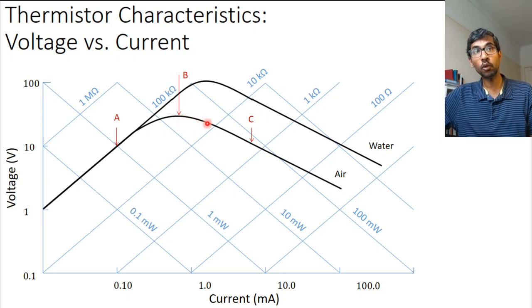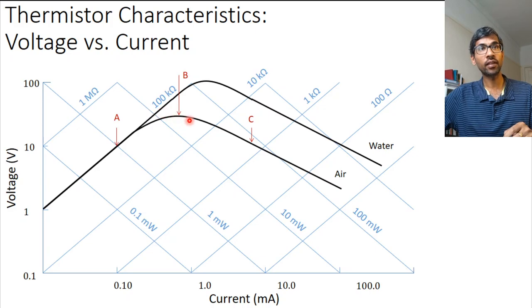And as you keep going down this characteristic, at a certain point, you will start having so much power dissipation in the thermistor that it's going to burn. And that's the point C. You can see that the lines drawn like this are the power dissipation lines.